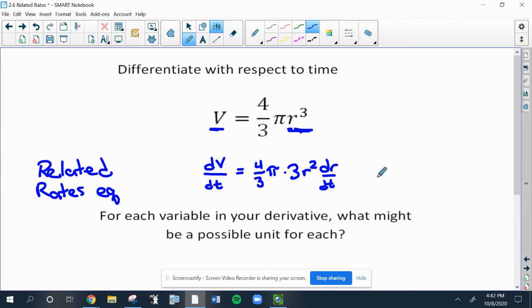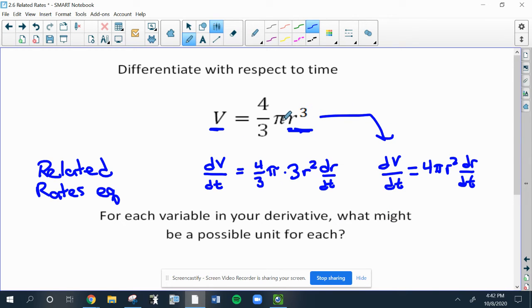Now you simplify. So dV dt, the rate at which this balloon is changing its volume, is equal to 4 pi r squared times the rate at which its radius is changing. So that's it. Now you could have gone right from here to here if you think about it.